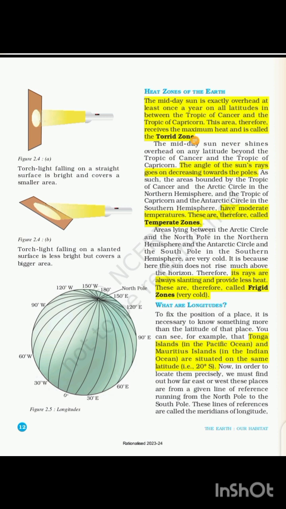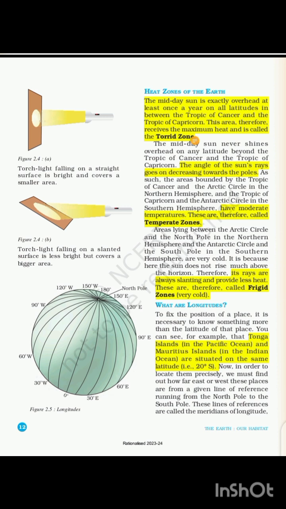So one country may have more heat rays, another country would have very few heat rays, and some other countries would not have any at all. So in such conditions we have three types of zones on the earth depending on the heat waves that the zone receives. Those are torrid zone, temperate zone, frigid zone.